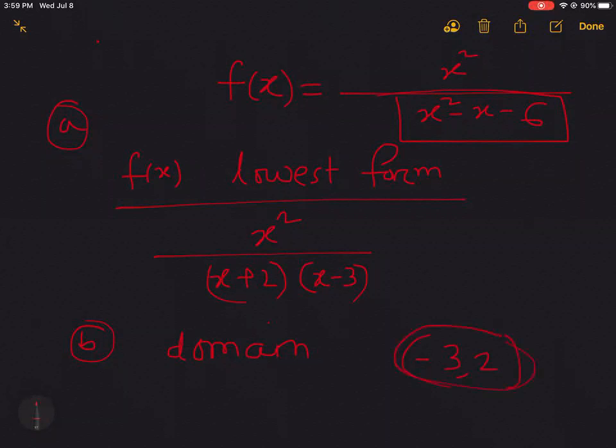Only this interval is the domain. Anyone else? It's not the right answer though. Okay, so I have several answers. Negative infinity to -2, -2 to 3, and 3 to infinity. x not equal to -2 and 3. All real numbers except -2 and 3. Yeah, exactly. So all of you are right.